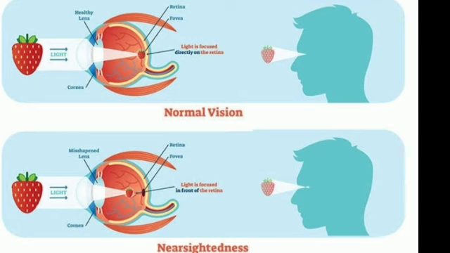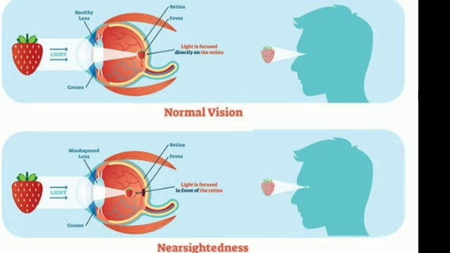The first is the curvature of the cornea and the eye lens increases. The muscles near the lens cannot relax, so that the converging power of the lens remains large. Second is that the eyeball elongates, so that the distance between the lens and the retina increases.